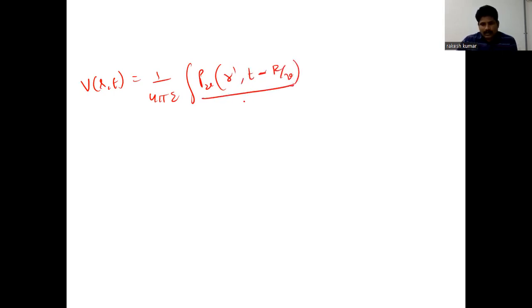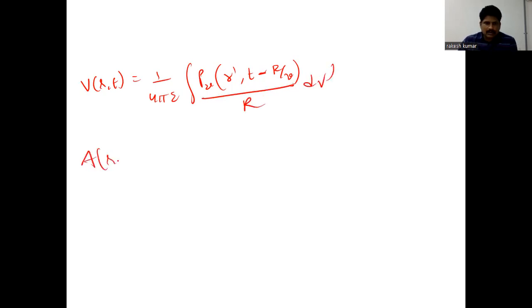Therefore, V of r comma t is equal to 1 by 4 pi epsilon integral of rho of r dash comma t minus r by v, by r, into dv dash.